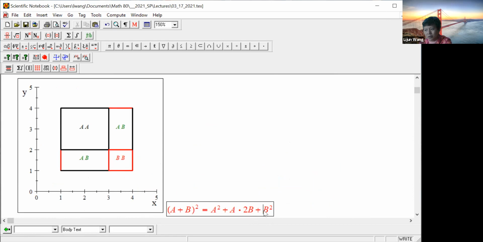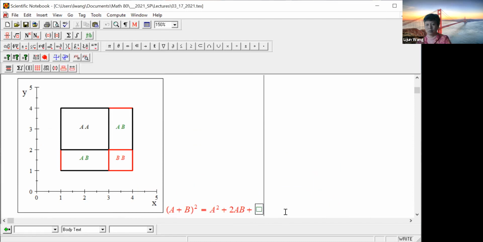Suppose I take this away, and here you have a 2AB. What should be in the blank to make that a perfect square?